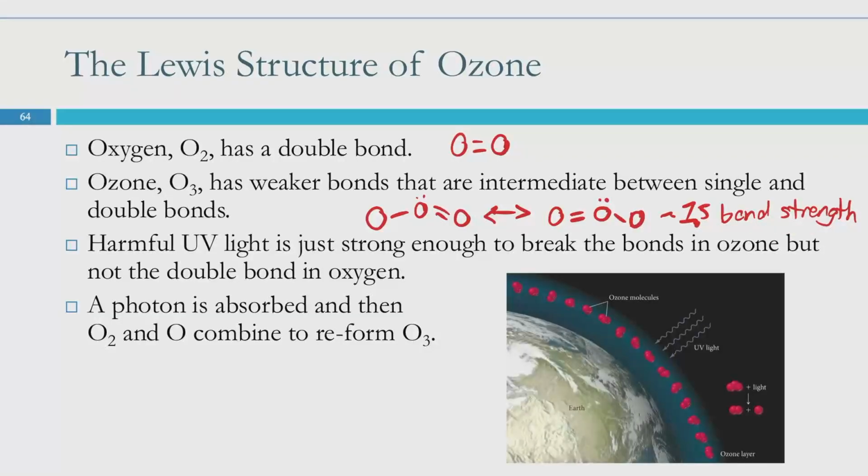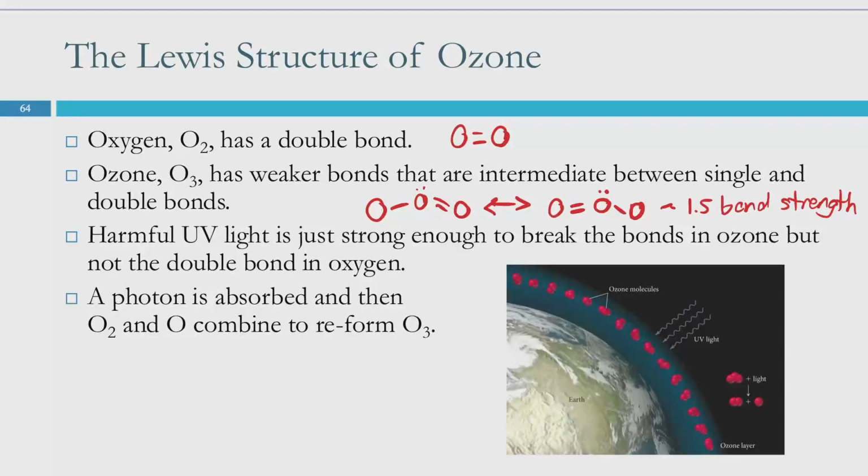Which means that it's easier to break. And I hate the way that that looks, so let's rewrite that. 1.5. So one of the things that this means is that UV light, which can damage our skin, one of the things that can give us cancer and gives us sunburns, as it turns out, has just enough energy to break the bonds in ozone, but it doesn't have enough energy to break the double bond in oxygen because the double bond is stronger than the 1.5 bond order in ozone.